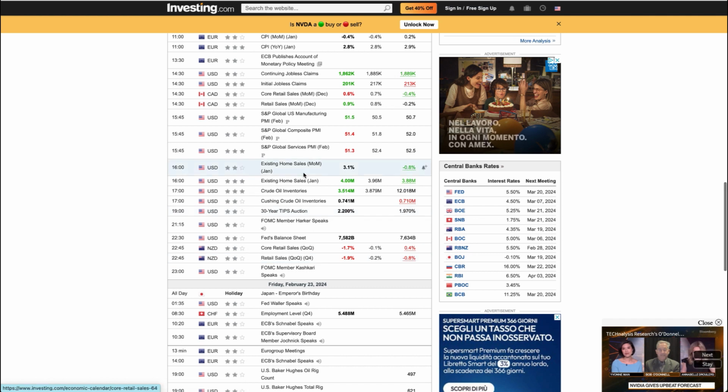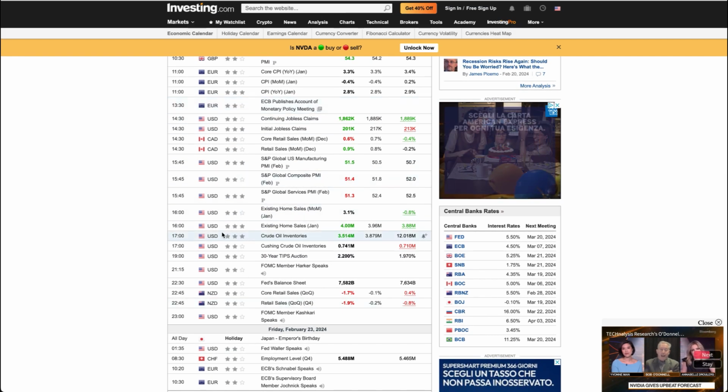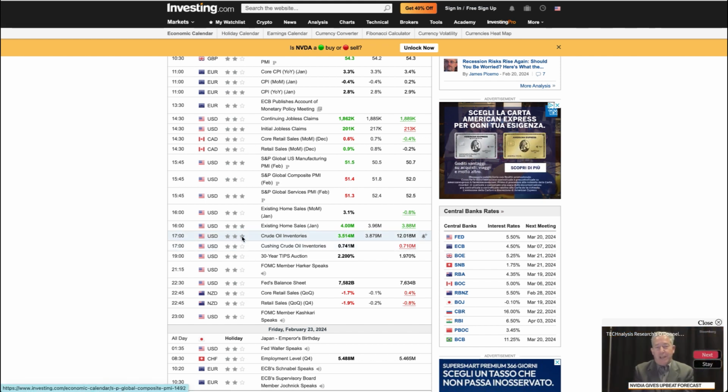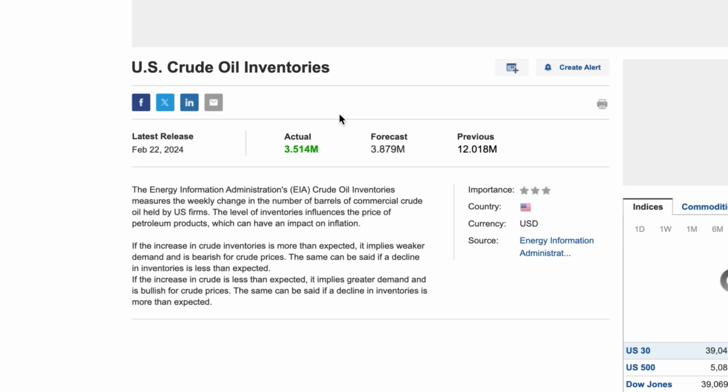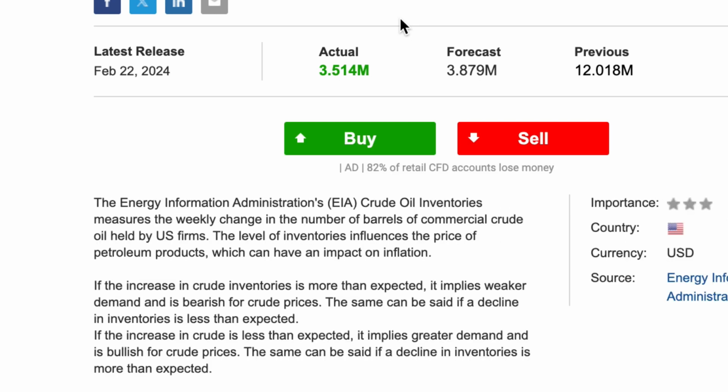Economic news also has a significant impact on commodities. If you see here, at 5 o'clock on February 22, Italian time, there was news about oil inventories. The description of the news says, if the increase in crude inventories is more than expected, it implies weaker demand and is bearish for crude prices.